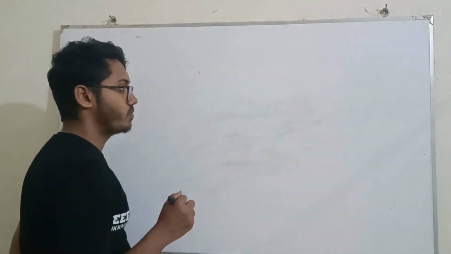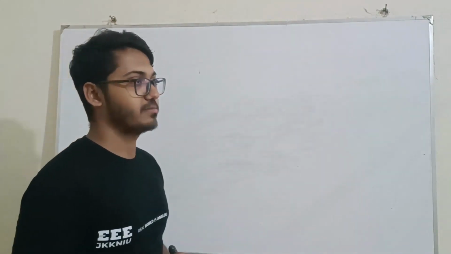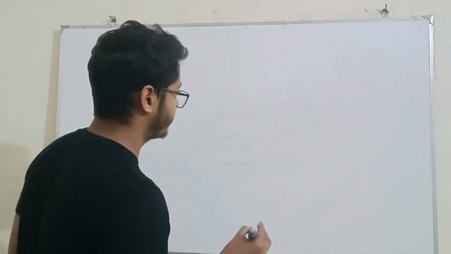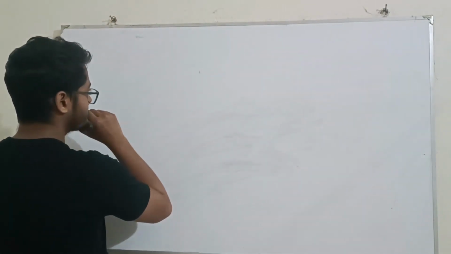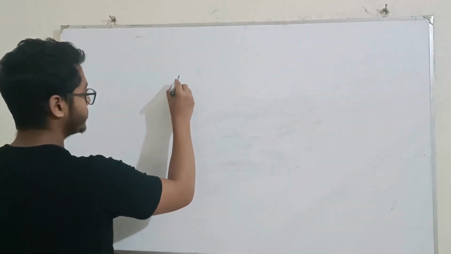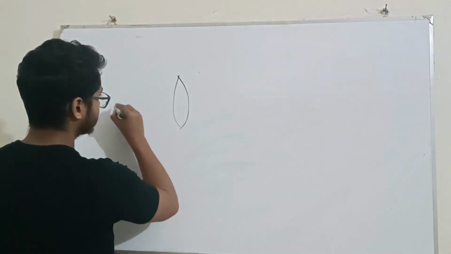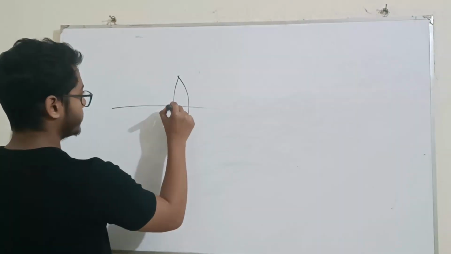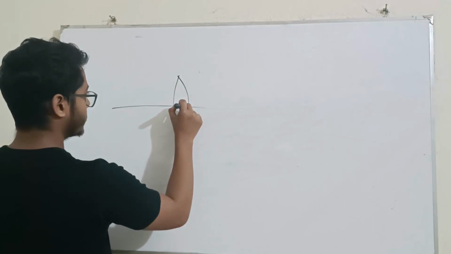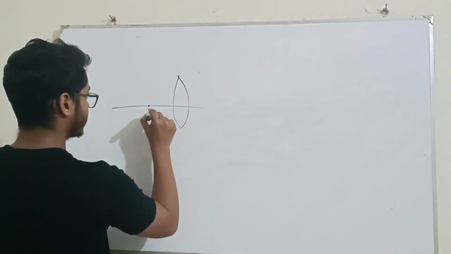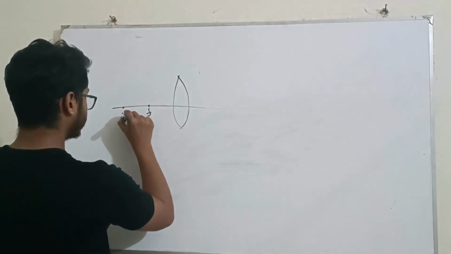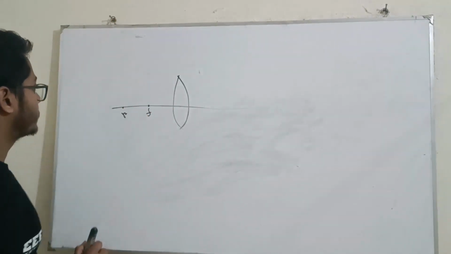Now, though I should not be talking about this, let's give a brief elaboration. Suppose here is one convex lens, and this is the focal point and the focus, and let's say this is the radius of curvature.